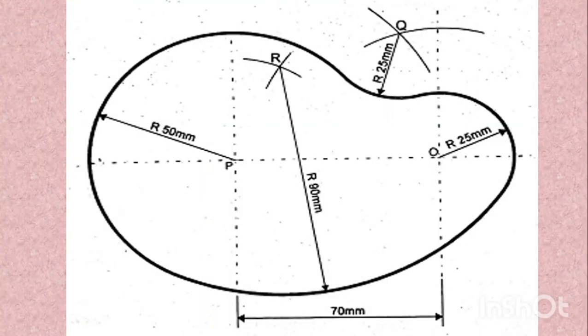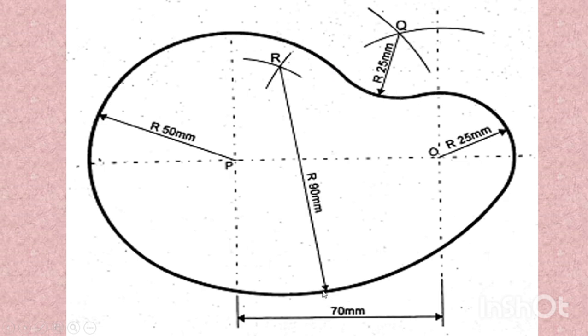Okay, this is it. If you look at this critically, you realize that there are two circles involved here. There are two center lines here. There is center P and there is center O. Center O is for the smaller circle, center P is for the bigger circle. Now there is an arc here, an arc of radius 25 millimeters, which is joined to the smaller circle and the bigger circle at the upper level here.